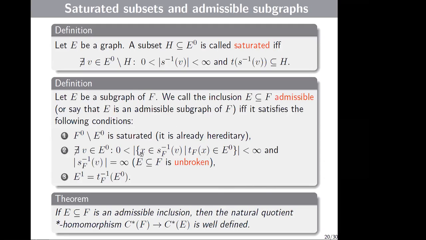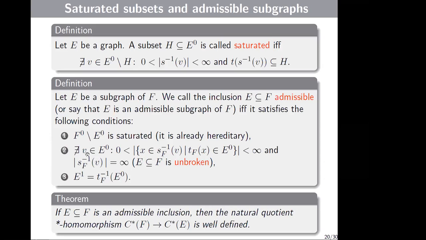What we want to assure is that there does not exist a vertex in E0 which emits infinitely many edges into the set E0. We must make sure that there does not exist a so-called breaking vertex, okay?